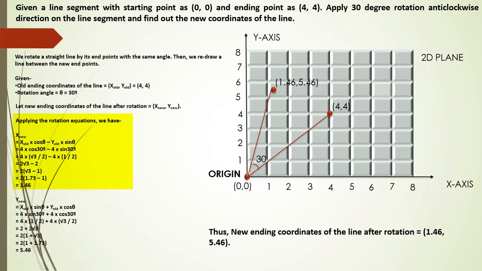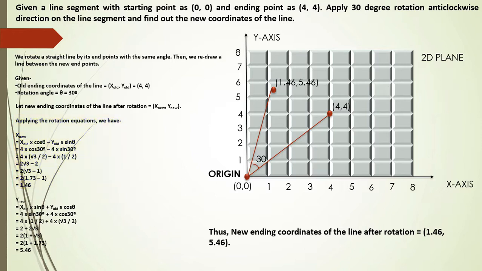By putting in all these values, we have 4 cos 30 degrees minus 4 sin 30 degrees. As we know from the trigonometric table, cos 30 degrees is root 3 by 2 and sin 30 degrees is 1 by 2. By placing all the values in the equation and solving it, we get the x new value, that is 1.46.